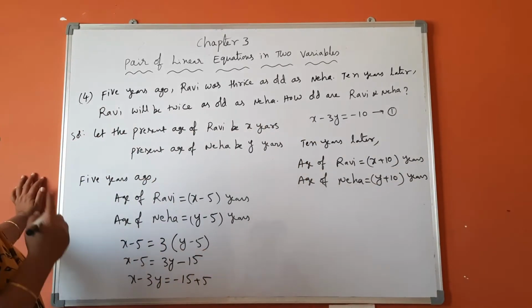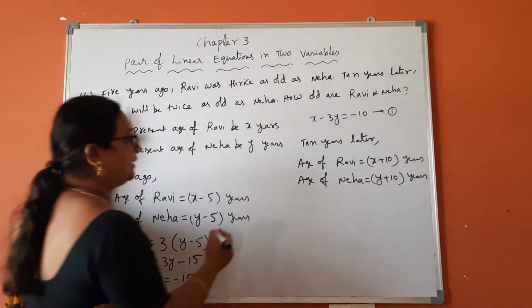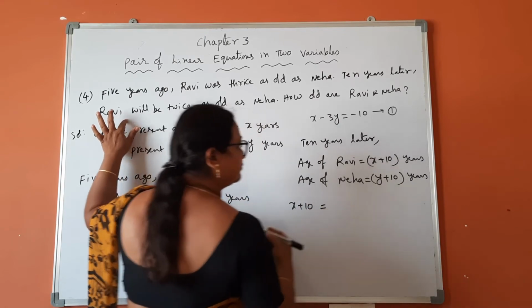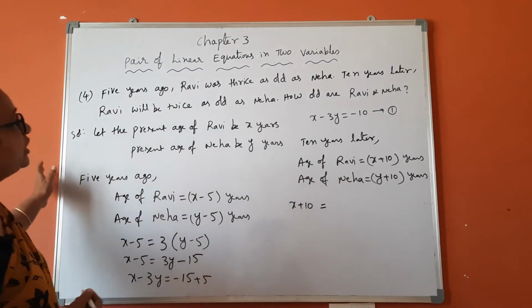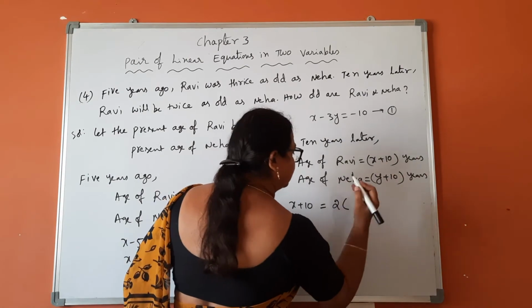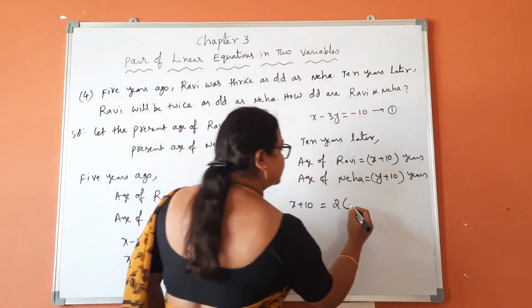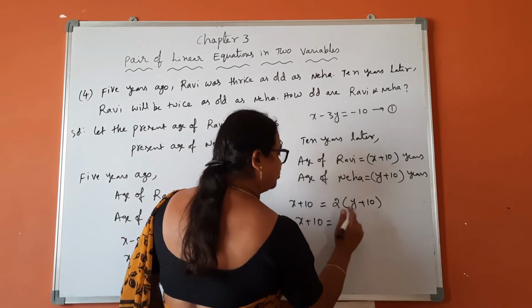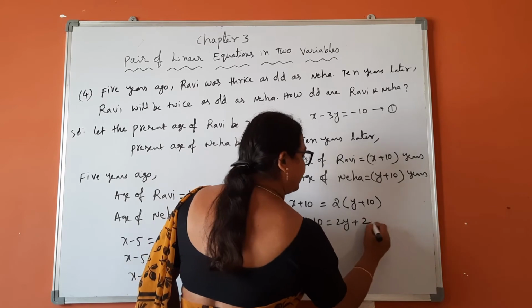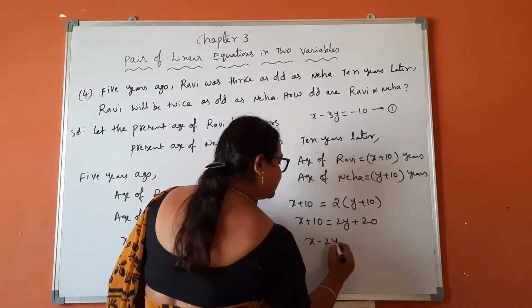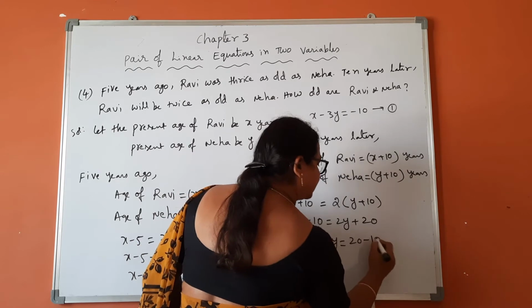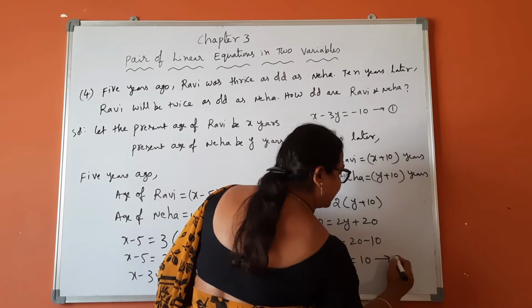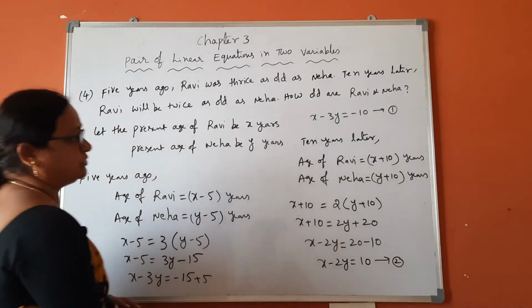What is the condition? 10 years later, what is the age of Ravi? X plus 10 is equal to twice as old as Neha. Twice means 2 times. Age of Neha after 10 years, Y plus 10. So X plus 10 is equal to 2 into Y, 2Y plus 2 into 10, 20. X minus 2Y is equal to 20 minus 10. So X minus 2Y is equal to 10. This is our second linear equation in 2 variables.